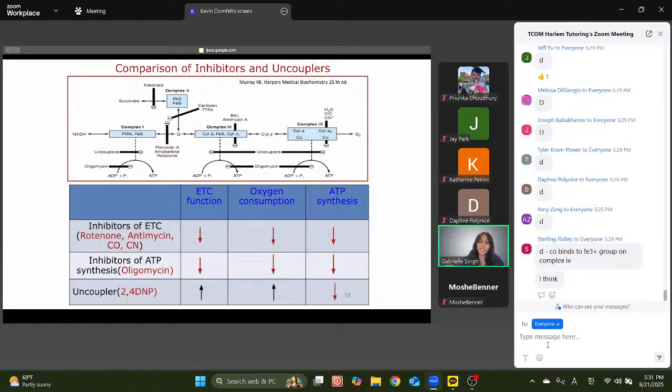The protons flow back into the matrix without making any ATP. So the electron transport chain tries to compensate for the proton gradient and speeds up the electron flow to try to reestablish it. Faster electron flow causes increased oxygen consumption because complex 4 is working harder to reduce oxygen to water at the end. Does anyone have any questions about this? Okay, we can move on.